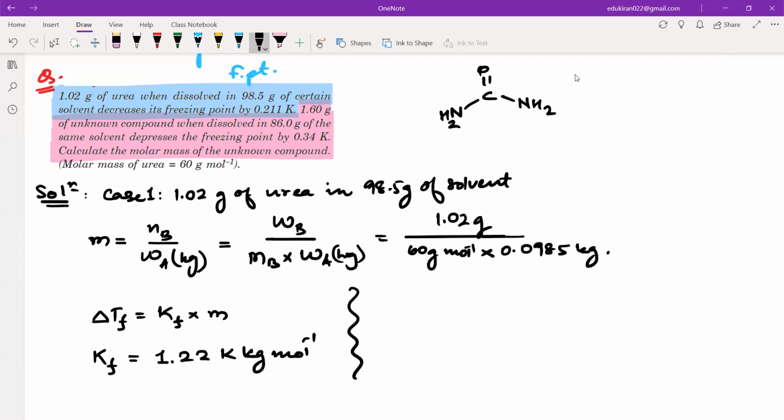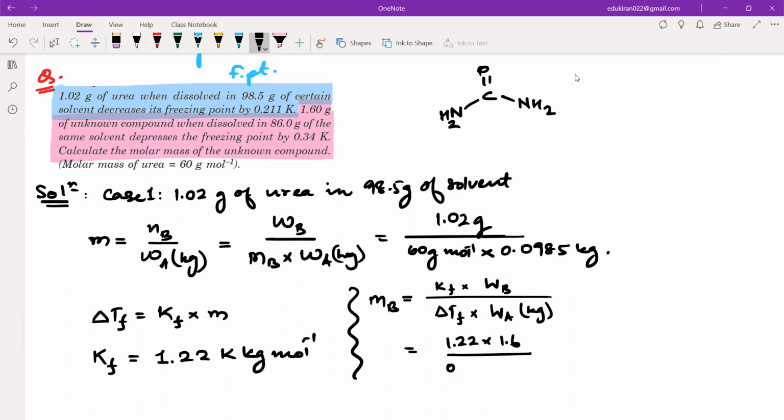And the next thing, next case में आपको क्या करना, the molar mass will be equal to जो ऊपर फॉर्मूला हम लोगों ने लिखा है उसके मुताबिक KF into WB upon delta TF into WA in kg. So KF है आपके पास 1.22, WB will be equal to 1.6, delta TF will be equal to 0.34 into WA will be equal to 0.086.